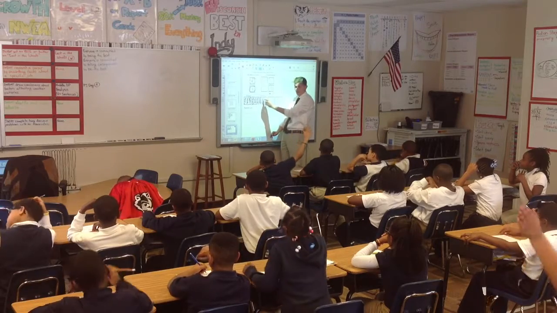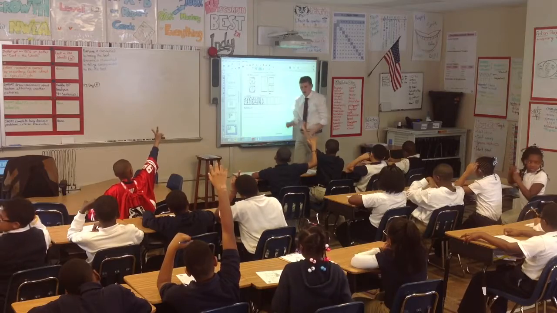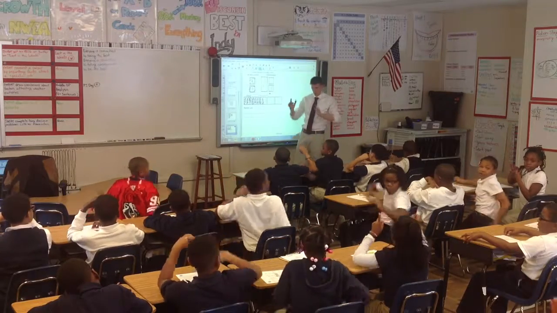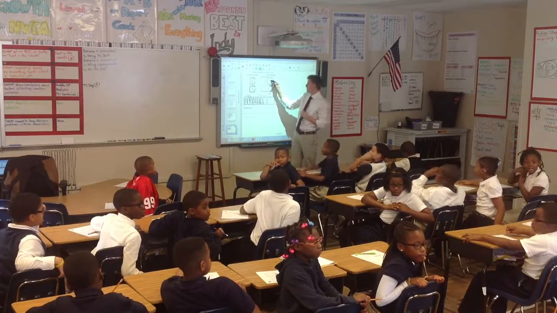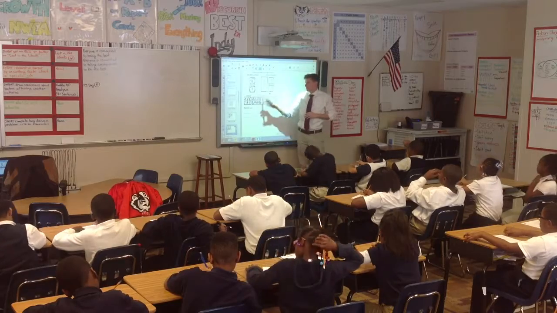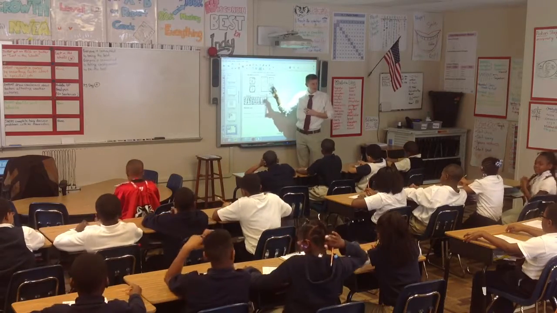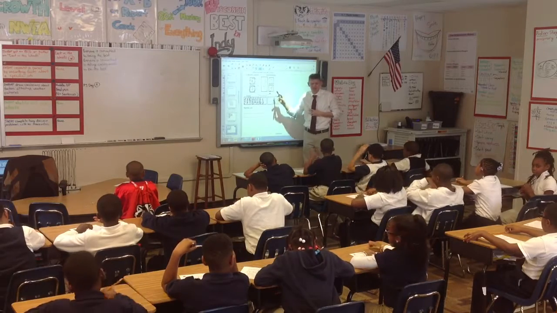How many thirds are colored in this last one here? How many are colored in here? 2. Nailed it! So, 8 thirds is equal to 2, this is the way you say a mixed number, 2 and 2 thirds.